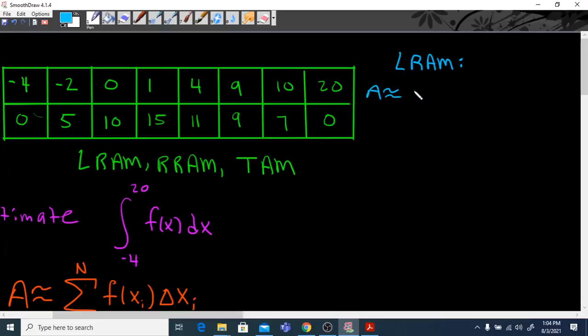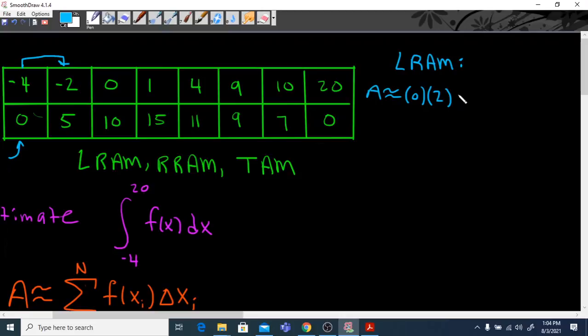We start at the leftmost, so it's 0 multiplied by the width. To find the width, we subtract these and make it positive. -4 to -2, that's a width of 2.